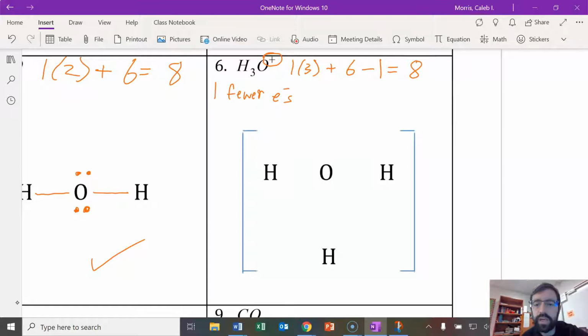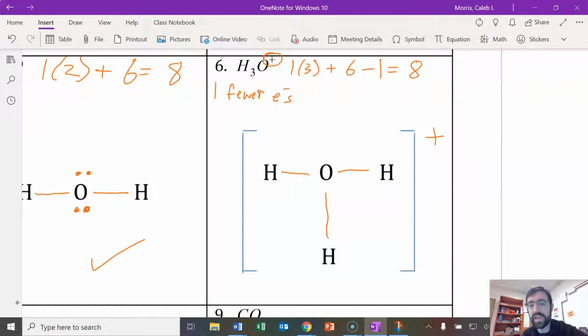Okay. Don't forget to put a positive charge outside of the brackets. We're going to connect each of these with a single bond. Hydrogen only wants 2, so we check our outsiders. Hydrogen is happy, 2, 2, and 2. Okay. And then what would we do with our leftovers?